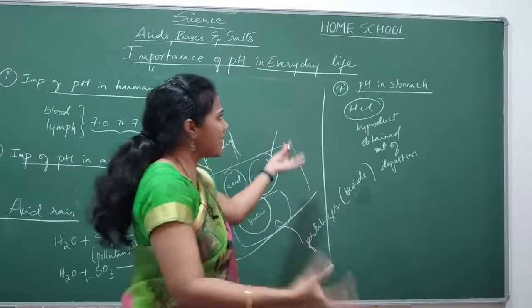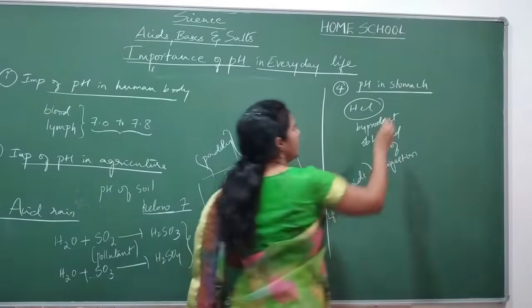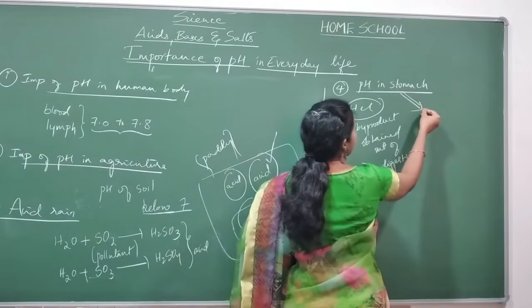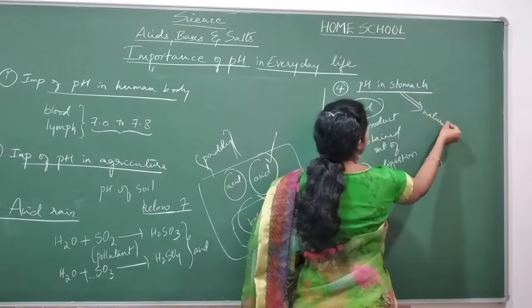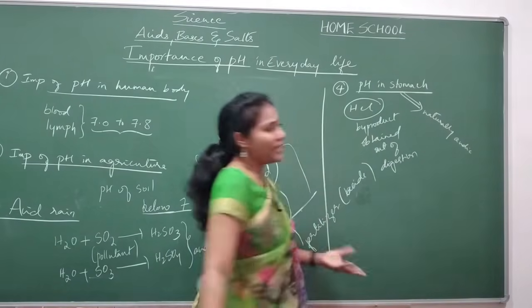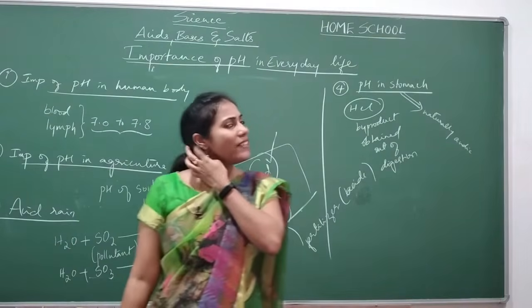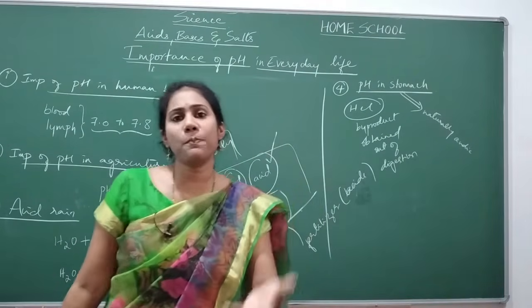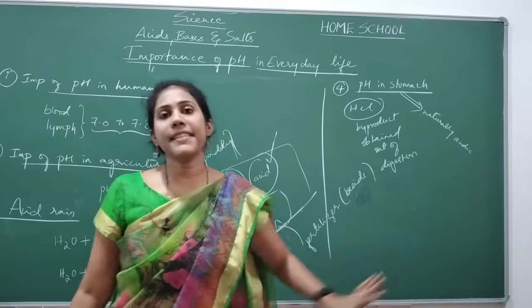So the stomach's pH is acidic in nature. pH in a stomach is naturally acidic. That means the value will be below 7, like 6.5 or 6.6.